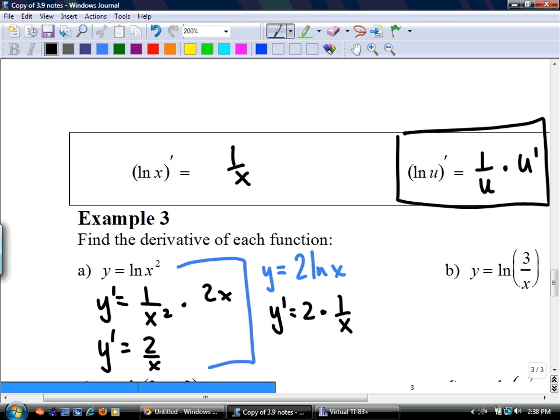Yes, as you cringe and go, oh, logarithms. No, ln e is always equal to 1. ln e is always equal to 1.